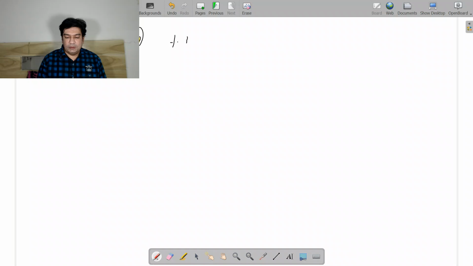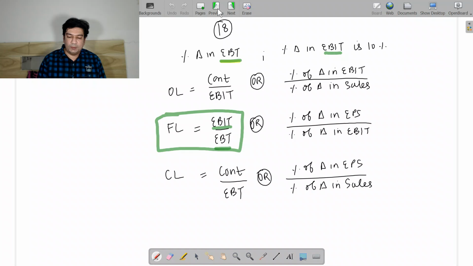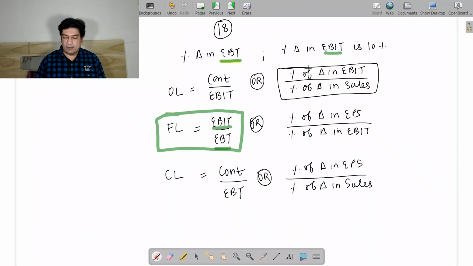So percentage of change in EBIT if there is certain percentage of change in your sales, right? So you have two keywords, EBIT and sales. Now see the formula, EBIT and sales. Yes, EBIT and sales I can find over here.